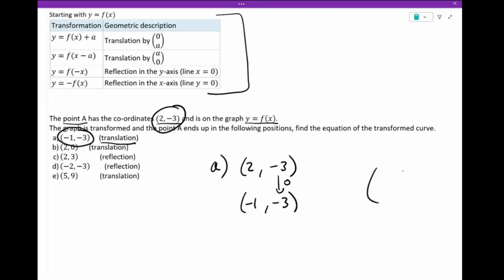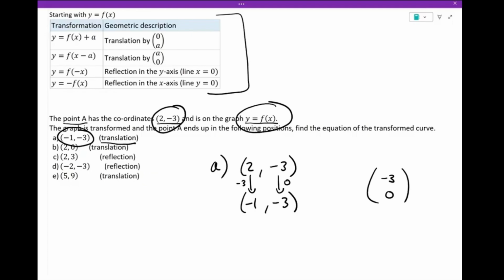Therefore, in my vector, our vertical component is going to be 0. Then for our x coordinates, to get from 2 to negative 1, well, you'd have to subtract 3. So therefore, the horizontal component of my vector would be negative 3. So we have ourselves a translation by negative 3, 0. So now we need to write out the equation of this curve. So we know we're starting with y equals f of x.